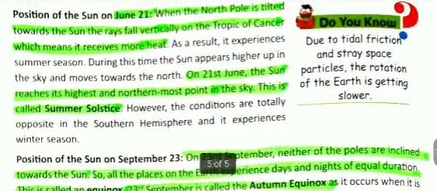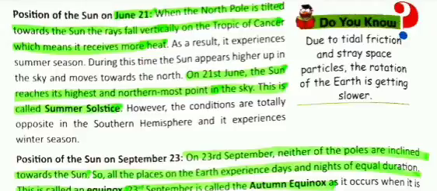So once again I will go through this so that you all can understand this very nicely. Position of the sun on June 21st. When the North Pole is tilted towards the sun, the rays fall vertically on the Tropic of Cancer, which means it receives more heat. As a result, it experiences summer season.